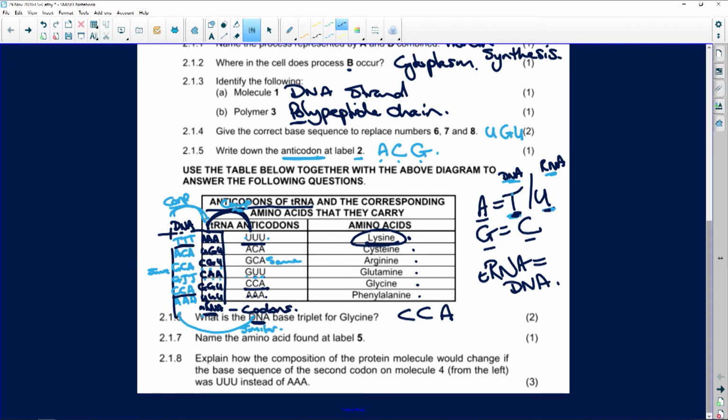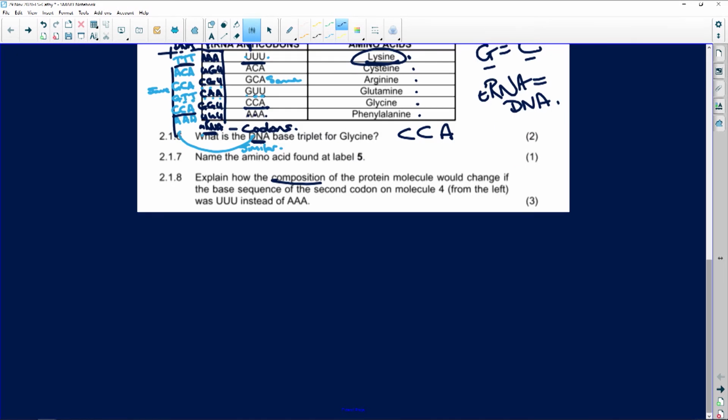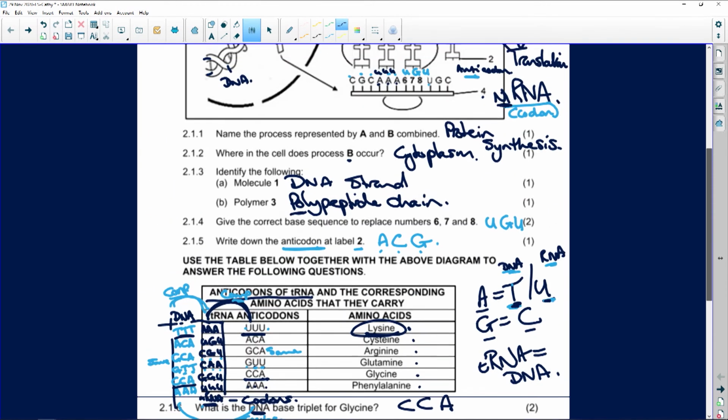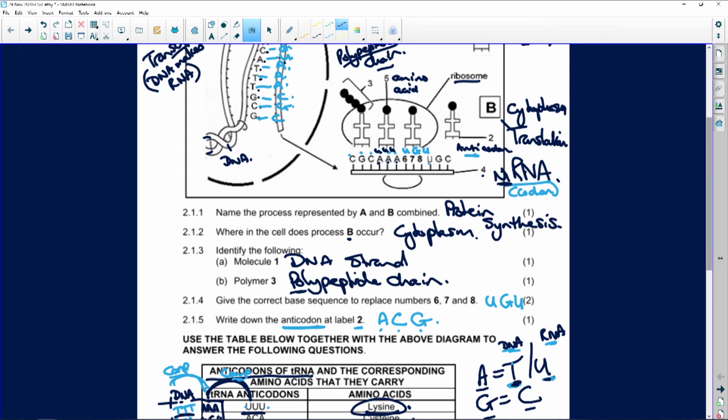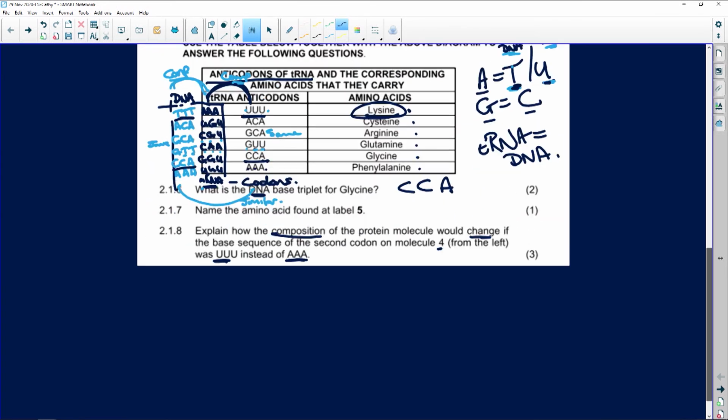Then explain how the composition of the protein molecule would change if the base sequence for the second codon on molecule 4 was UUU instead of AAA. So looking at molecule 4, that is your messenger RNA. So if your codon was UUU instead of AAA, what are you going to end up with?